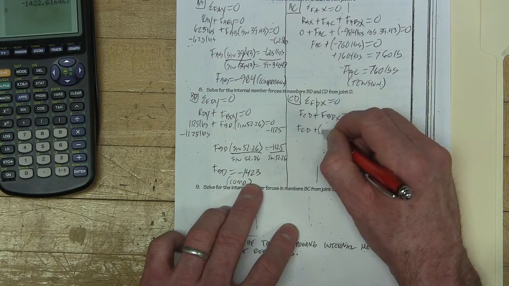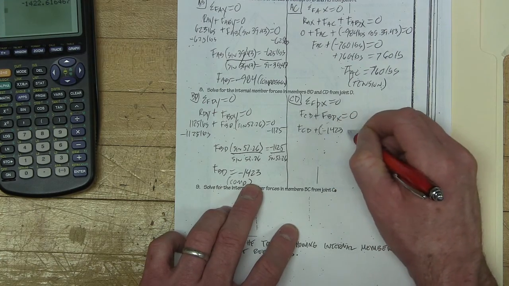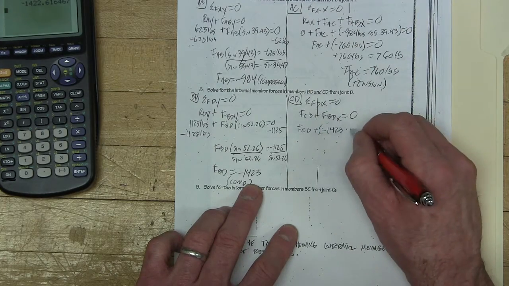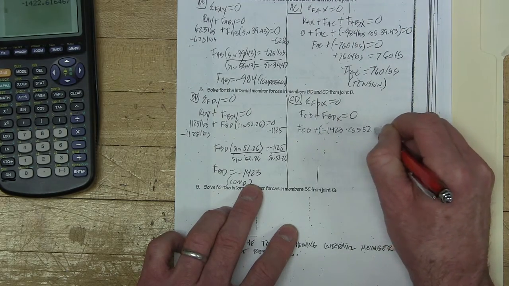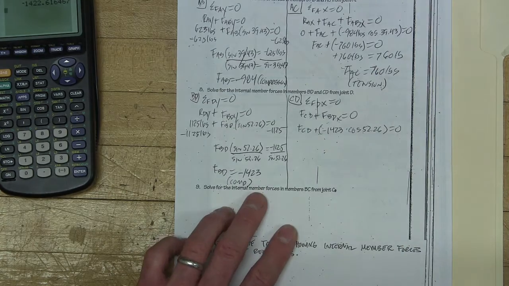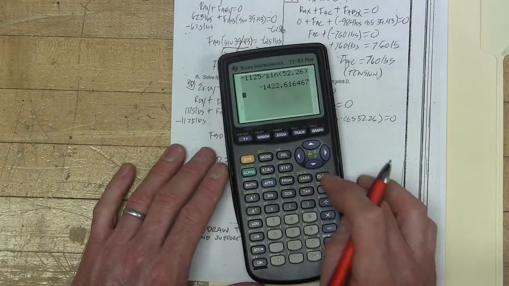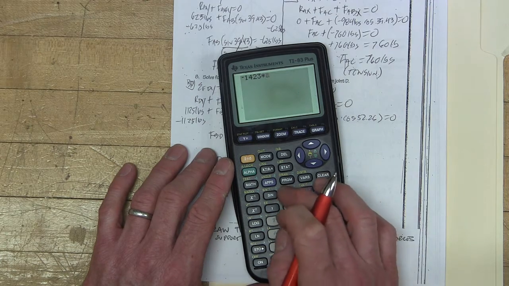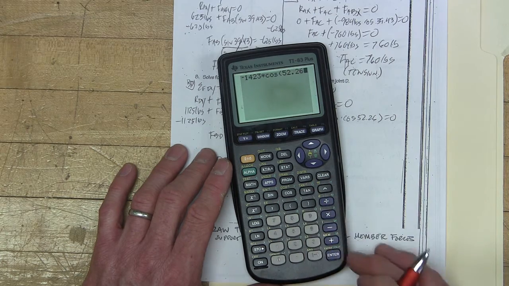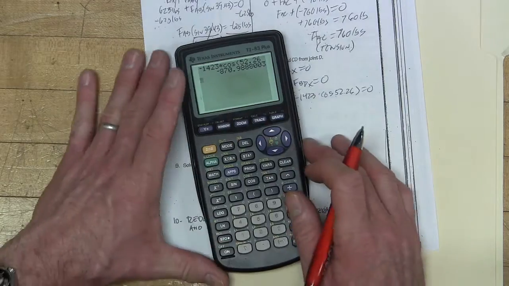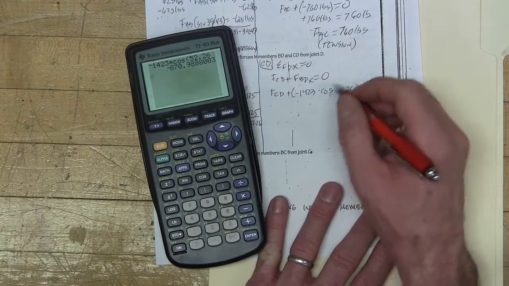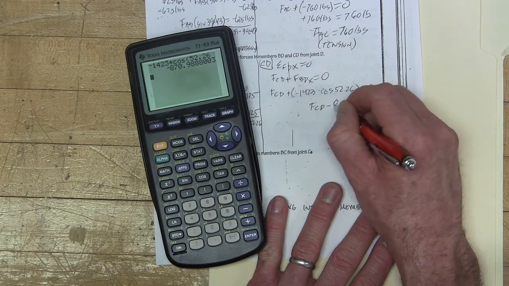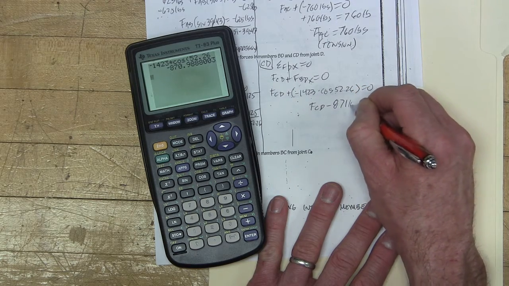The force of BD is negative 1,423, and we're going to multiply that by the cosine of our angle, 52.26, since we're doing an X calculation, equal to 0. We get out the calculator again: negative 1423 times the cosine of 52.26 should equal negative 870.9 pounds. I'm going to round that up to 871.